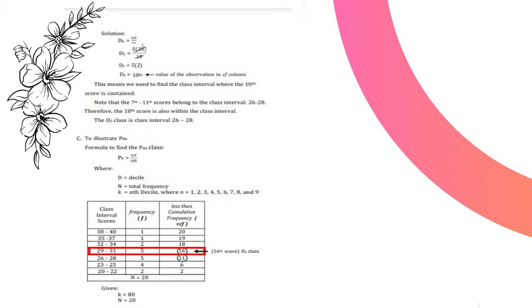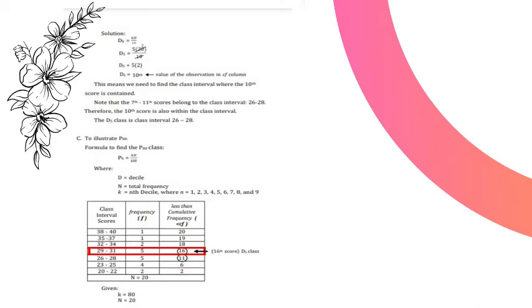Note that the 7th to 11th score belongs to the class interval 26 to 28 based on the frequency distribution table that we have shown here. Therefore, the 10th score belongs to the class interval 26 to 28. So now our D5 class interval is 26 to 28. Alright, clear. Now let's proceed to illustrating P80.